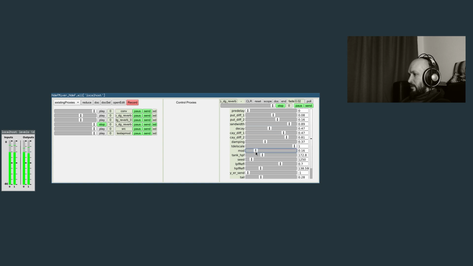The modulator. This mod parameter controls the rate of modulation as well as the depth of modulation. Hear that?